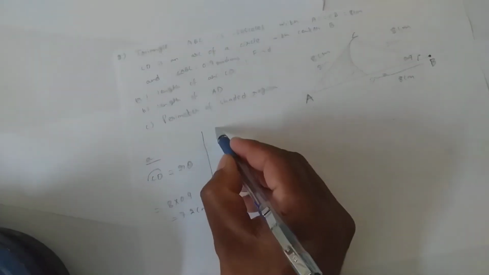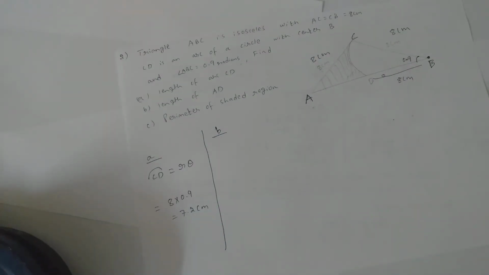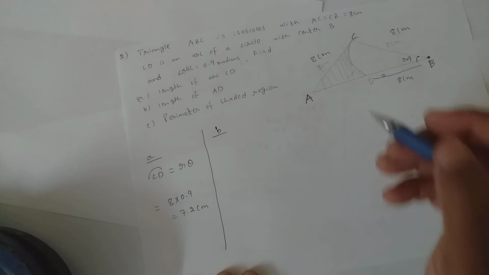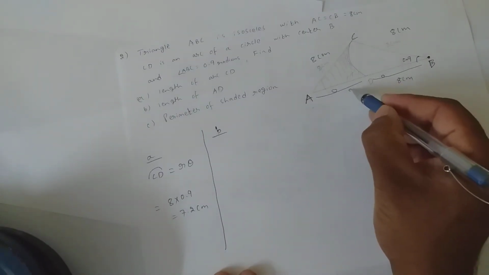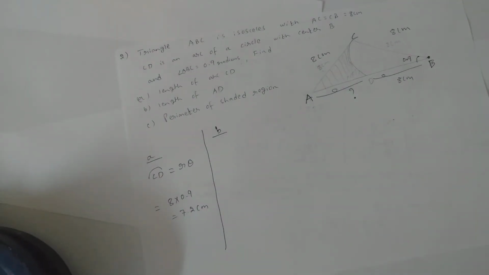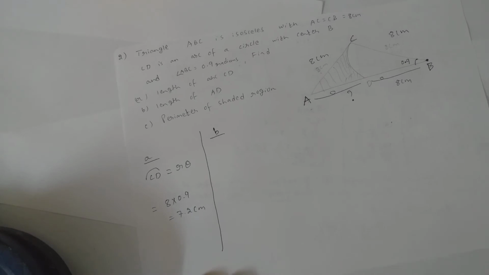Now look at second bit B. The length of AD, meaning this length, equal to how much are they asking? I can use sine rule or cos rule over here, right? Which one can I use?